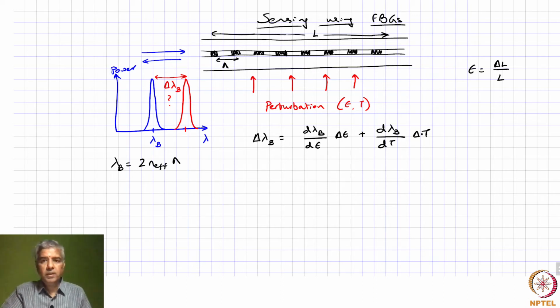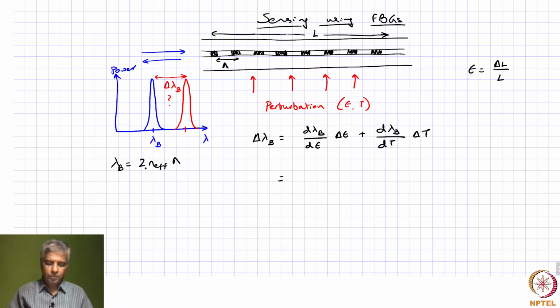That is one of the key things we need to understand: the Bragg wavelength is sensitive to both strain and temperature changes. Like we talked about earlier, that is one of the primary challenges when doing sensing using fiber Bragg gratings. It's not easy to discriminate between changes in strain and temperature.